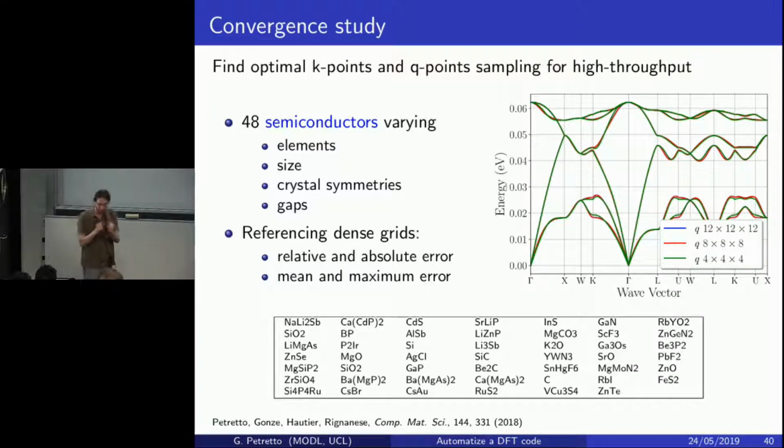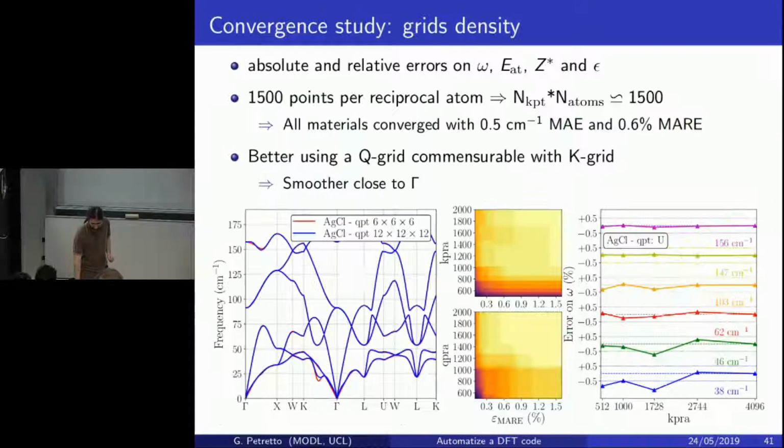This allows you to tune your calculations based on the actual quantities that you want to obtain, like the phonon frequencies, the Born effective charges, and the electric tensor, which are all outcomes of the workflow. We wanted to make sure that these were reasonably converged. So in the end we came up with a density of K and Q points, which is 1,500 points per reciprocal atom.